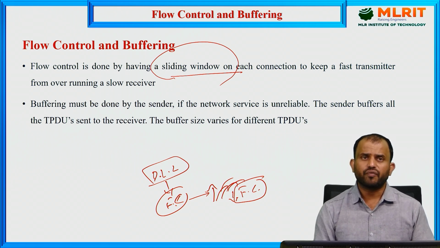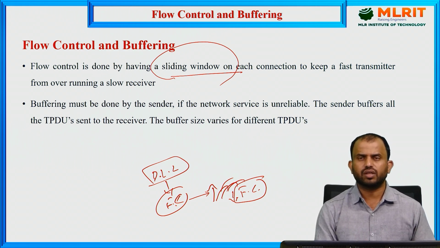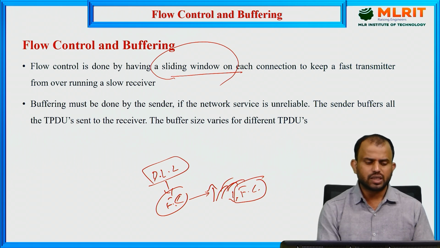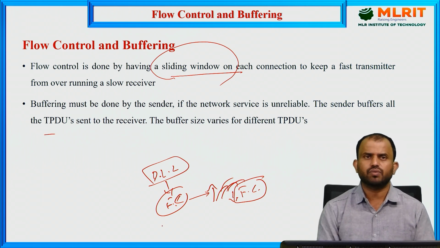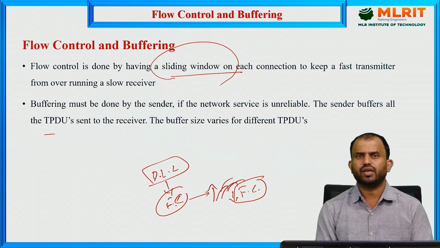Here the buffering is done by the sender. Network resource is available, but the sender buffer is there. It buffers all the transfer protocol data units sent to the receiver. The buffer size may vary based on the different kinds of services.